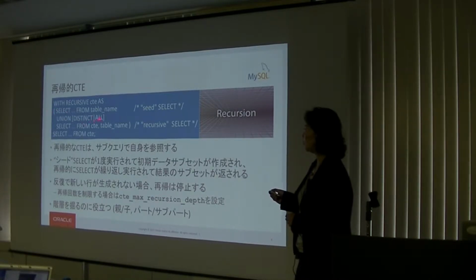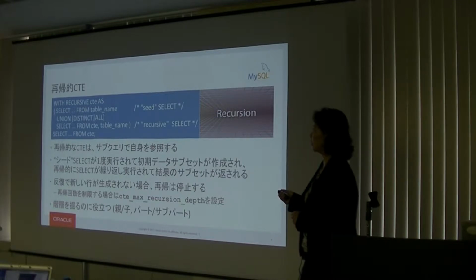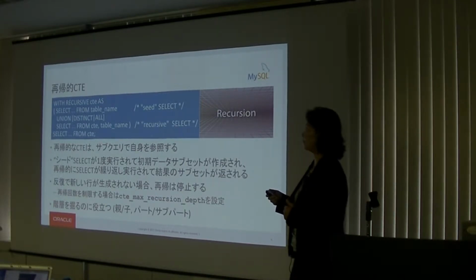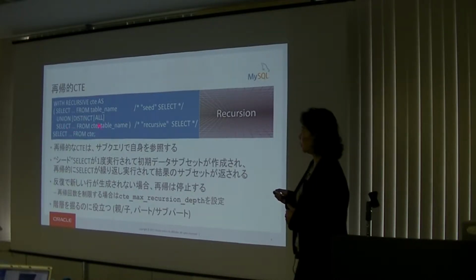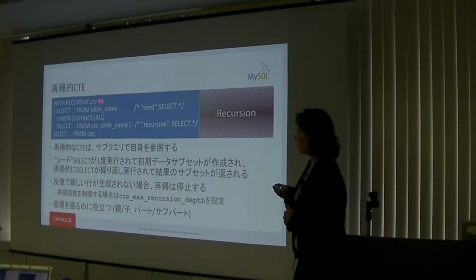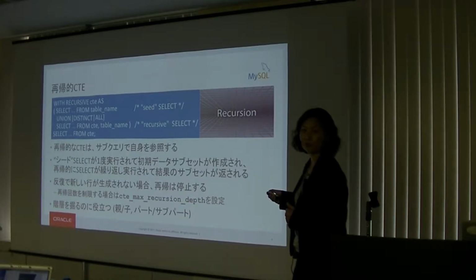Then you can do a union distinct or union all. The difference is that union distinct removes duplicates. This is the part select from CTE table name. CTE is the name of itself. So this is the recursion part.